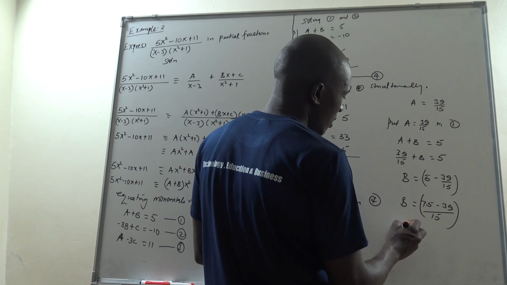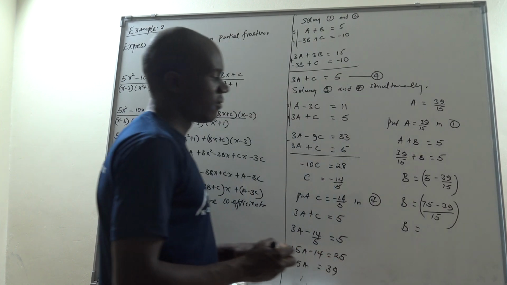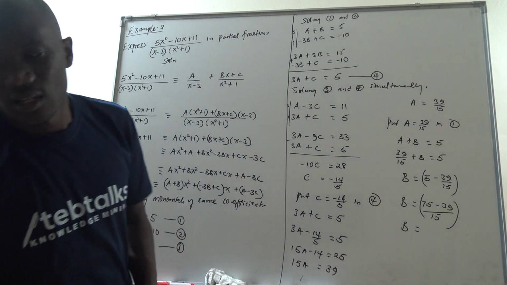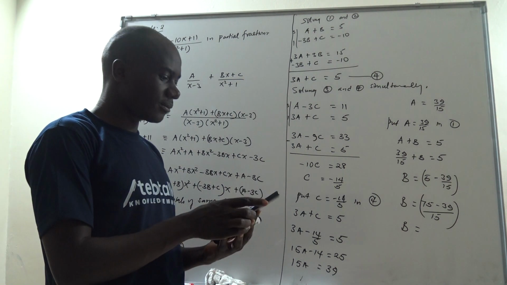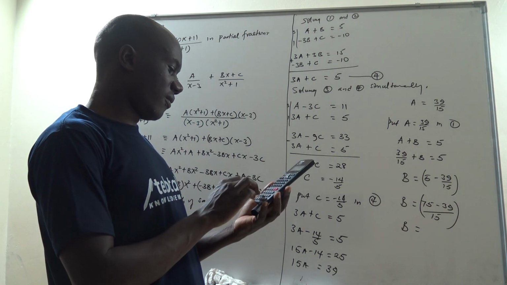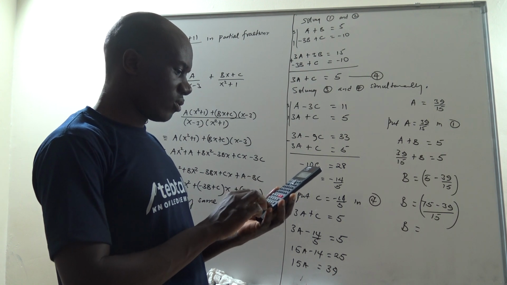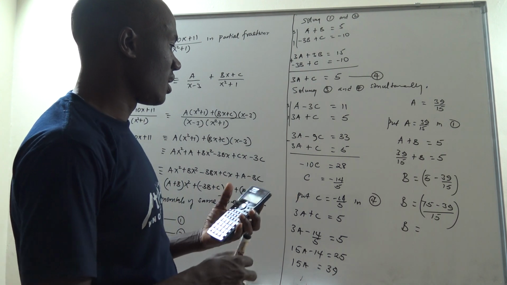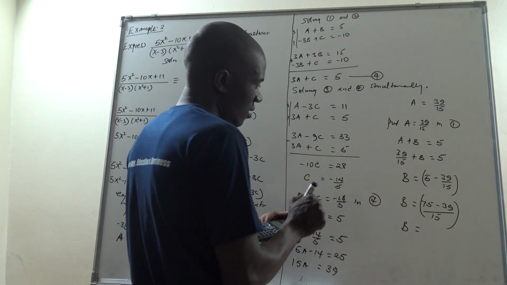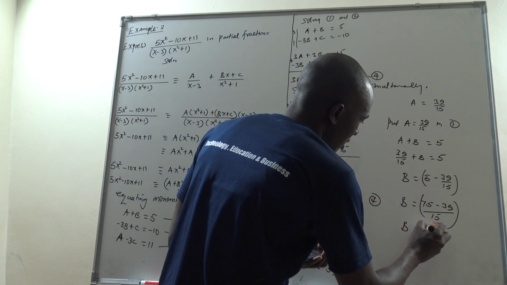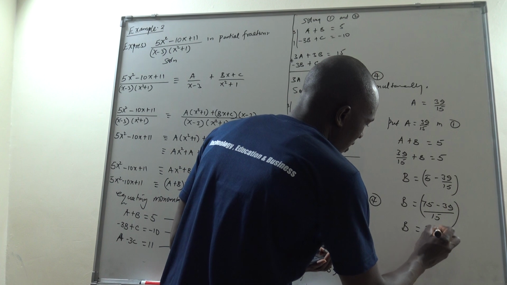So can we subtract 75 minus 39? What are we getting? 75 minus 39, so we are coming out with 36 out of 15.